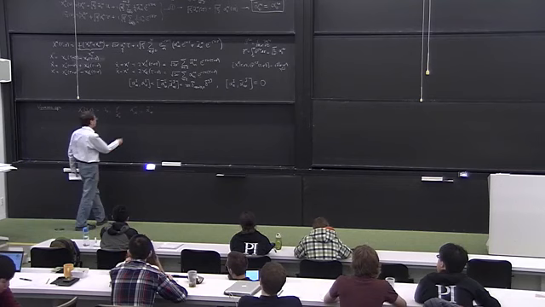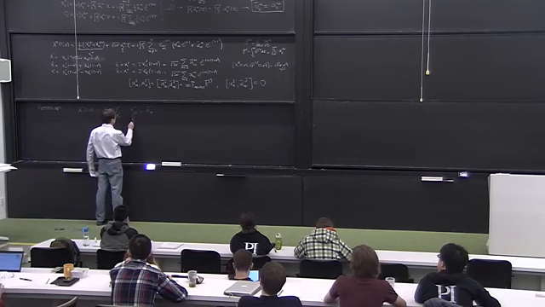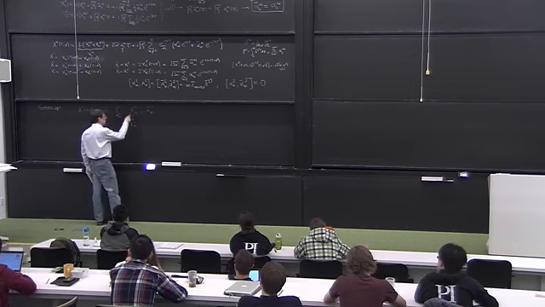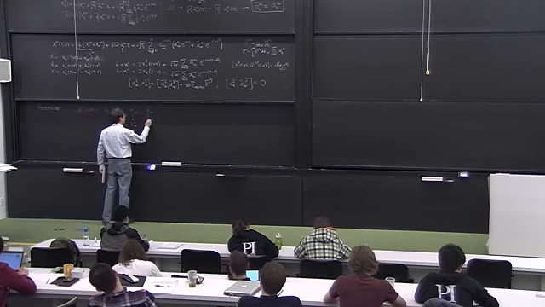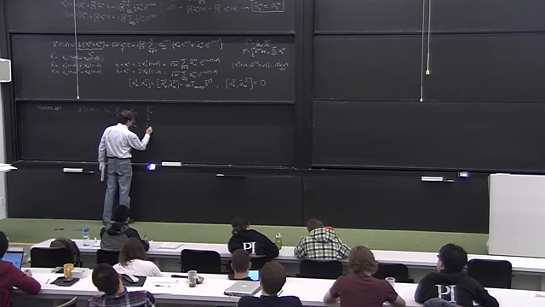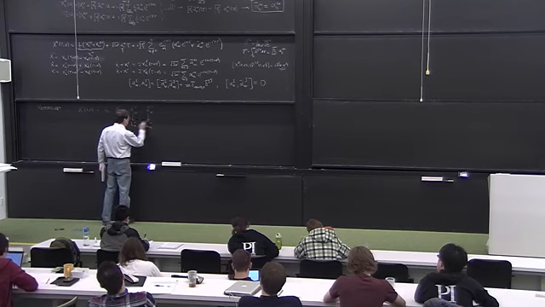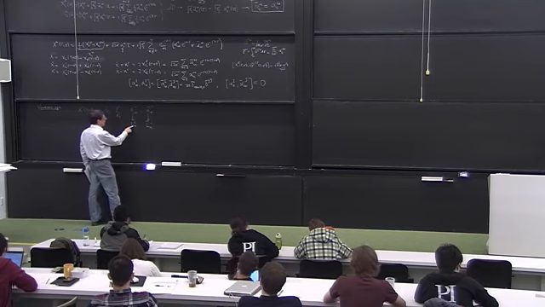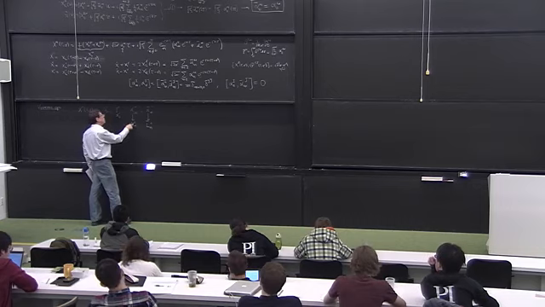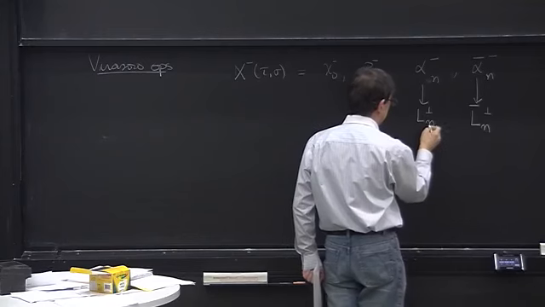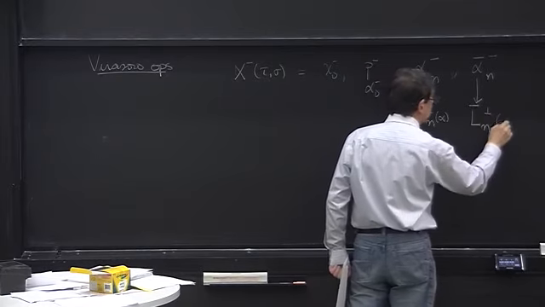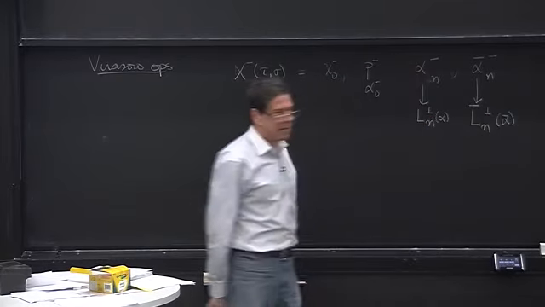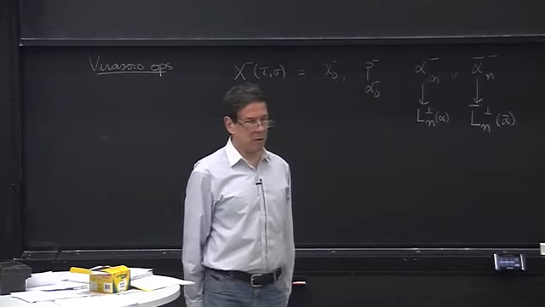And you remember for open strings, alpha n minus was related to L n perp, was proportional to it, was another name for it. And this alpha bar n minus now is going to be L n perp bar. So the same formula you had for open strings for L n, you have it in terms of alphas, and these L n bars just depend on alpha bars, but are exactly the same formulas as you had for open strings.